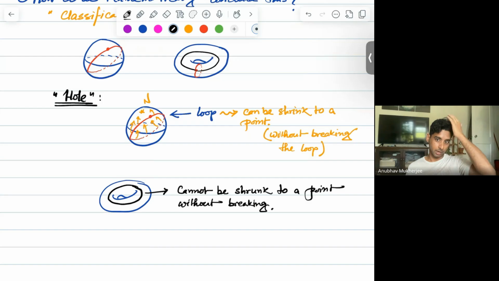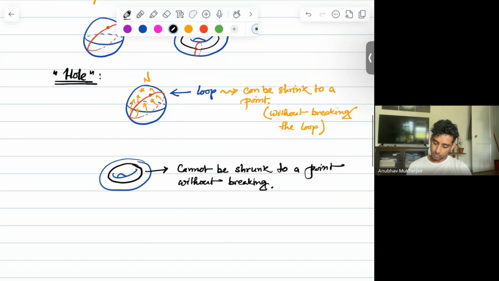I have one object where all loops can be shrunk to a point, and another object where there are loops that cannot be. And so I could conclude that mathematically these two objects are different, right? Because if these two objects were the same, then they should have the same properties.